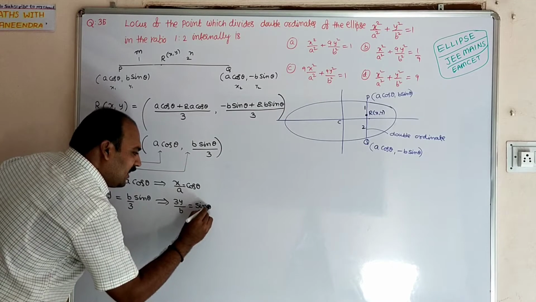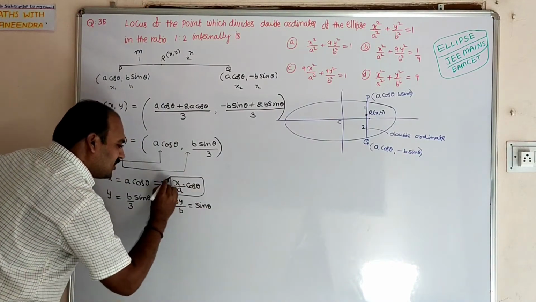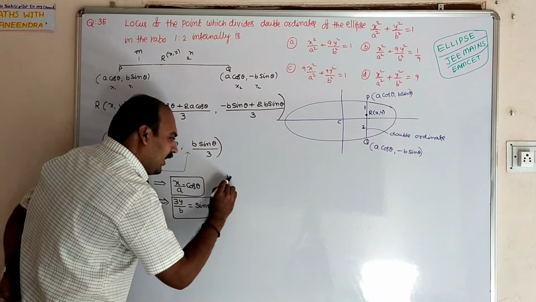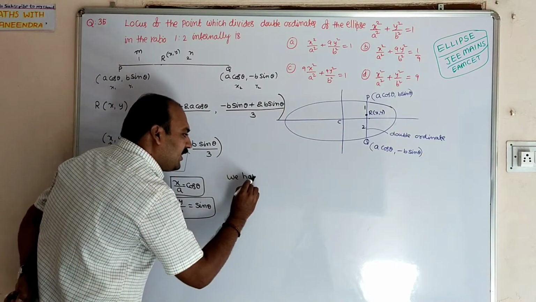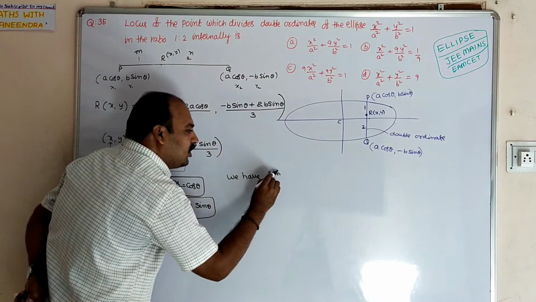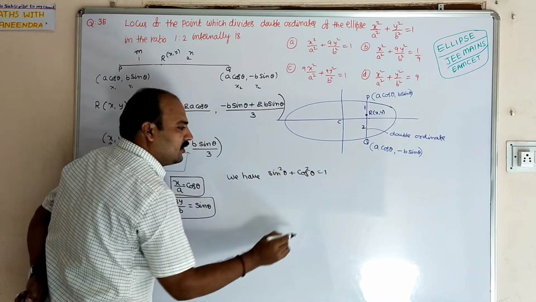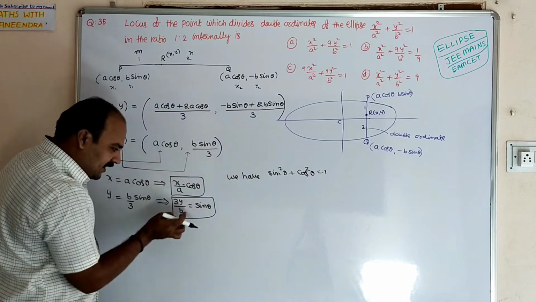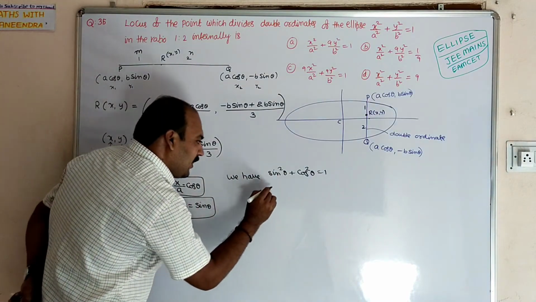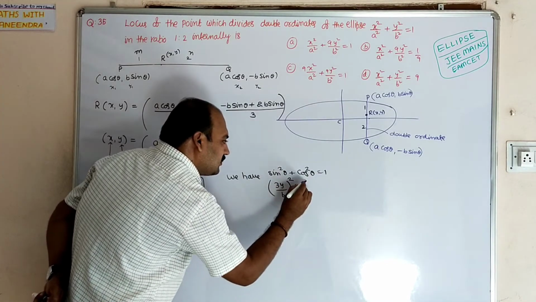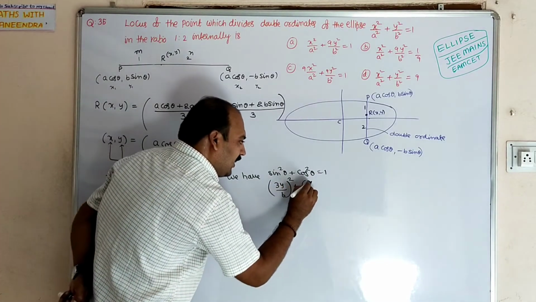We know the relation between sin theta and cos theta: sin square theta plus cos square theta equals 1, or cos square theta plus sin square theta equals 1. So in place of sin theta substitute this value, 3y by b whole square plus x by a whole square.